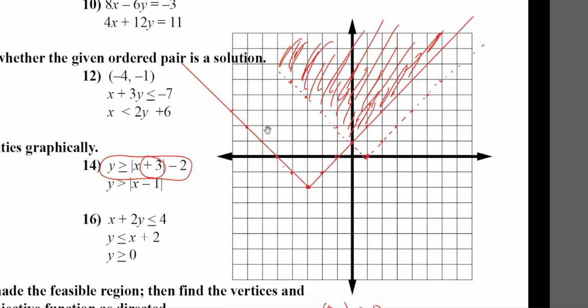All right, let's get rid of this graph stuff so we can use the same graph. Did I get rid of that?